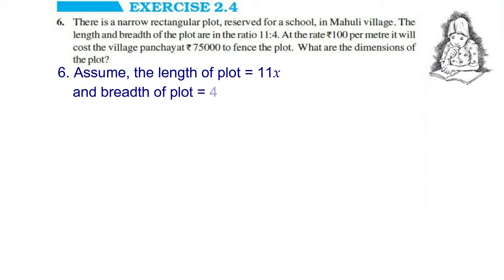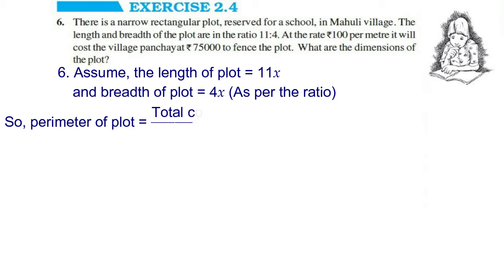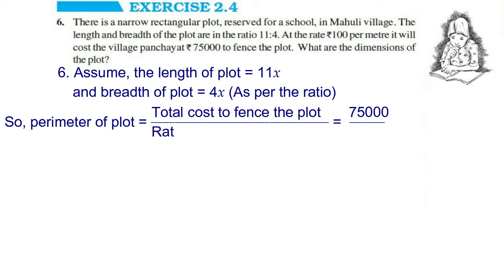And the rate of fencing per meter is 100 and the total cost of fencing is 75,000. So if we divide the total cost by the rate per meter of fencing, then we get the perimeter of the plot. So if we divide 75,000 by 100, we get 750 meters, which is the perimeter of the plot.